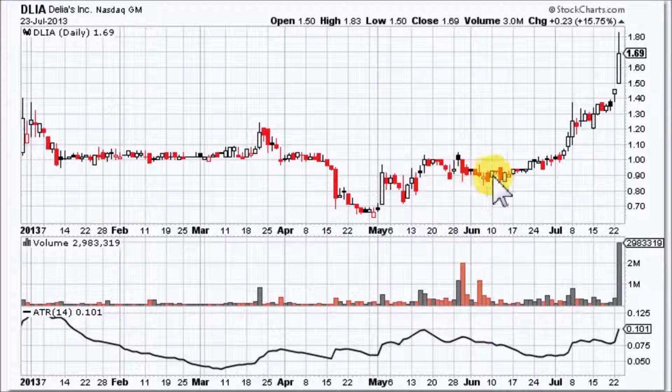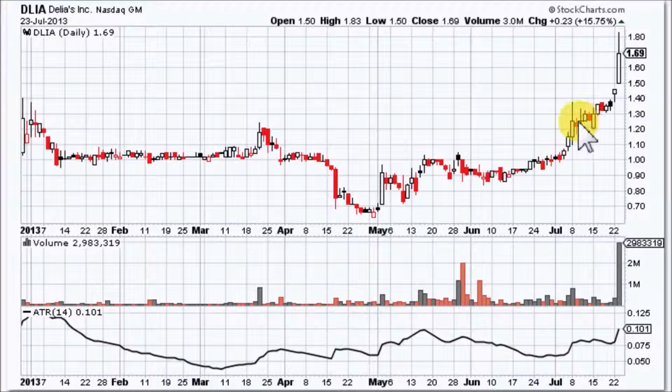Then it goes into another period of consolidation and forms a triangle chart pattern. Volume falls off at the end of the chart pattern, and then right here it starts to pick up as it gets ready to break out above the resistance right here. And it does that on very good volume, and volatility picks up as it breaks out to new highs above everything on this chart.